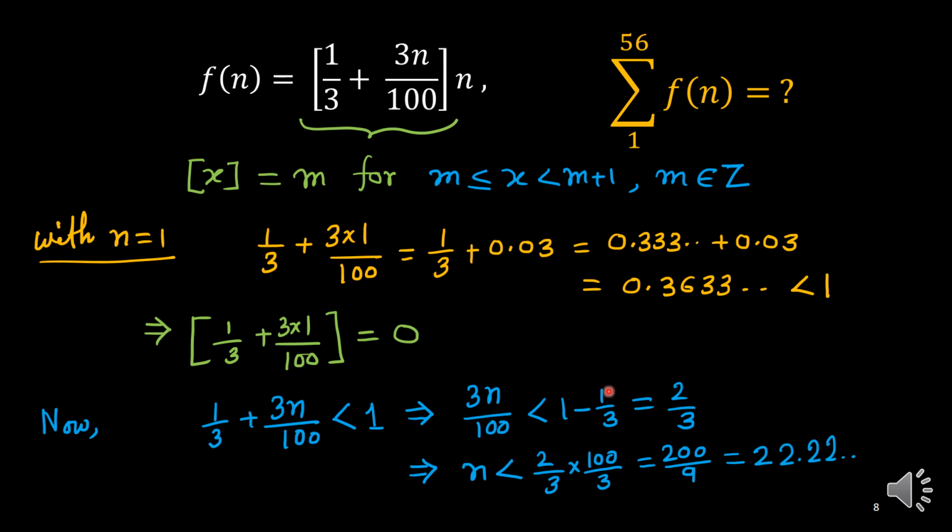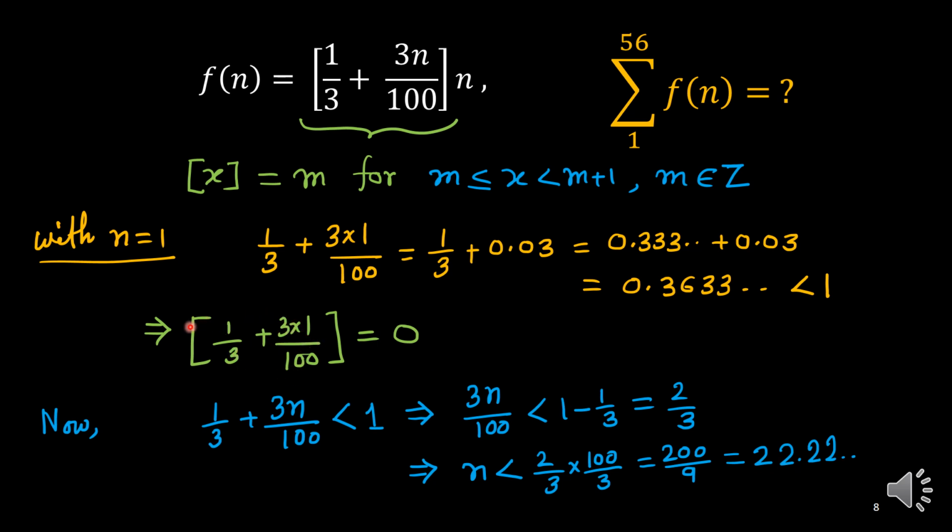So it implies that when n is up to 22, its value will be within 1. But when n equals 23, it will cross this level and have a value of 1 point something. So we are sure that when n is up to 22, its value is within 0 to 1.